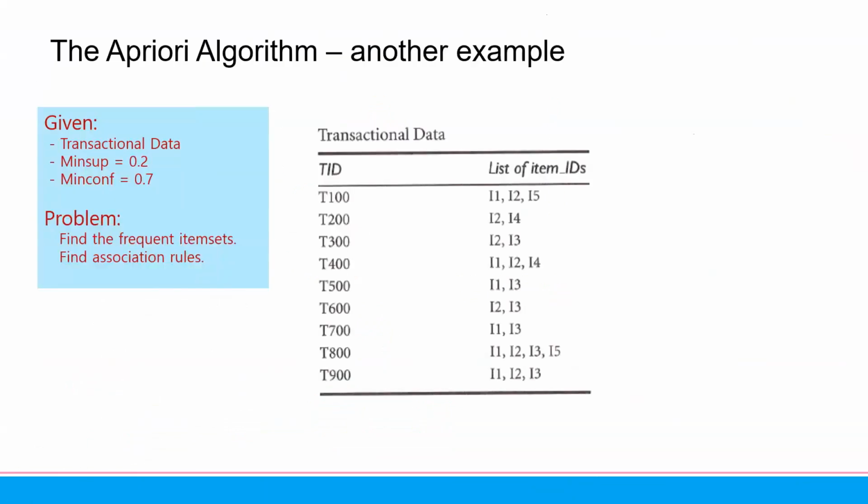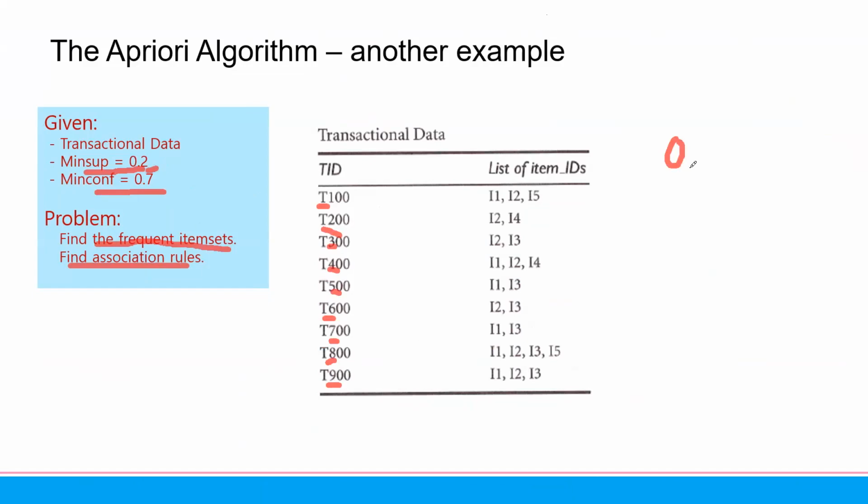Okay, let's see another example. We have this transactional data. We have minimum support 0.2 and we have minimum confidence 0.7. Find the frequent itemsets and then find the association rules. 0.2, what is it? We have 1, 2, 3, 4, 5, 6, 7, 8, 9.